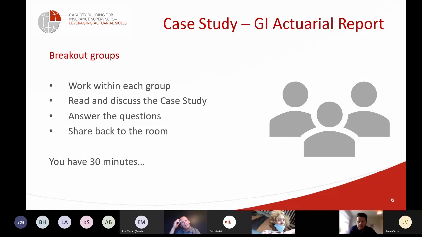We're going to need someone in each room to volunteer to be the note taker, to pull up the template, share their screen and take notes. Then we'll need someone when we come back, either the same person or a different person, to talk through those notes with the group.